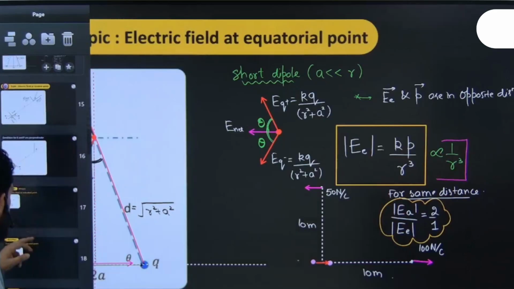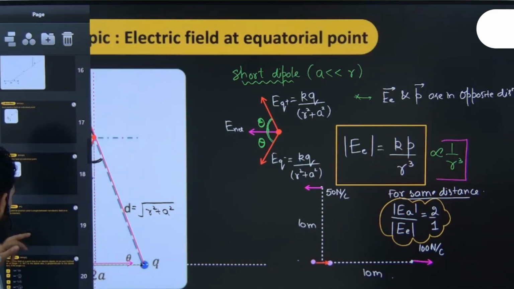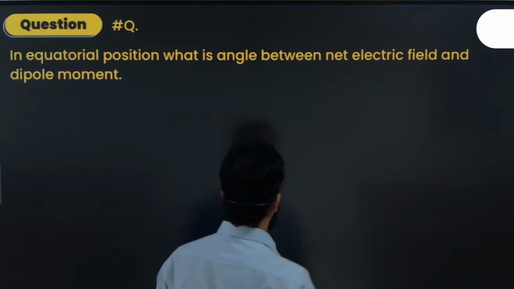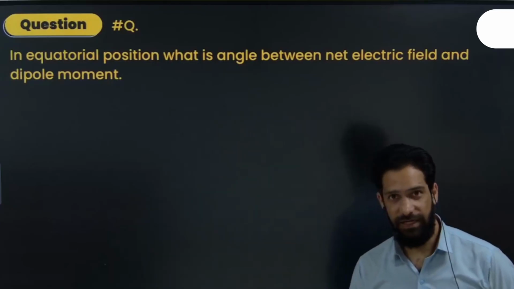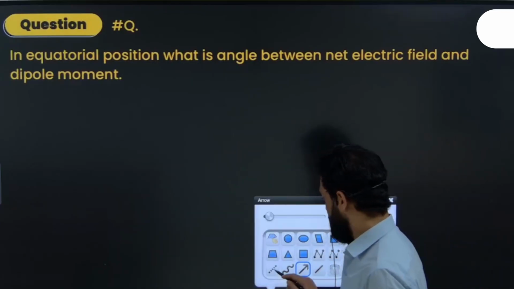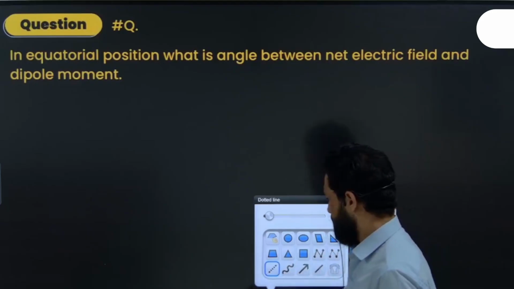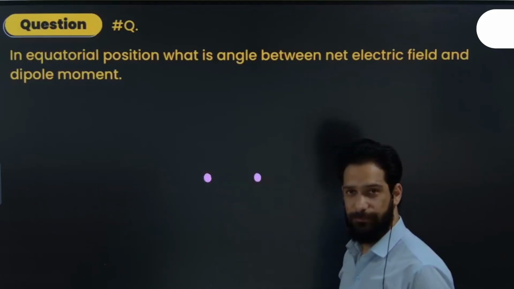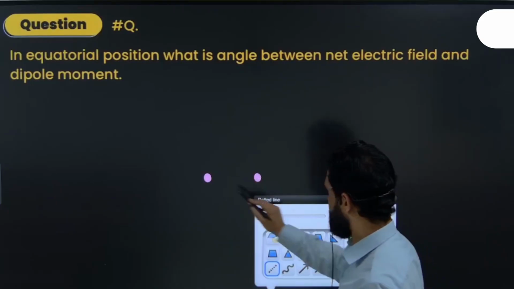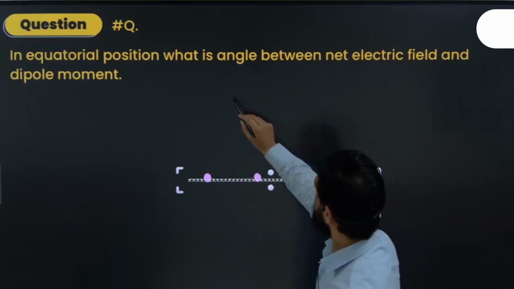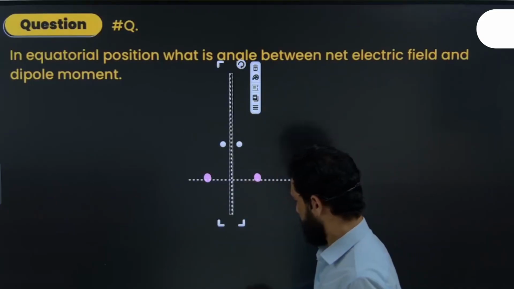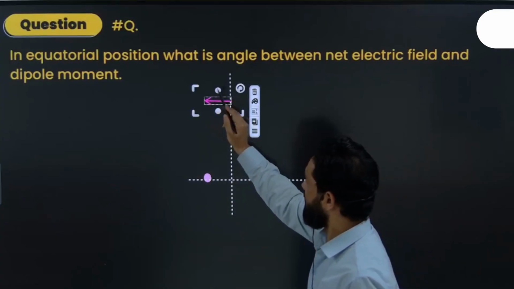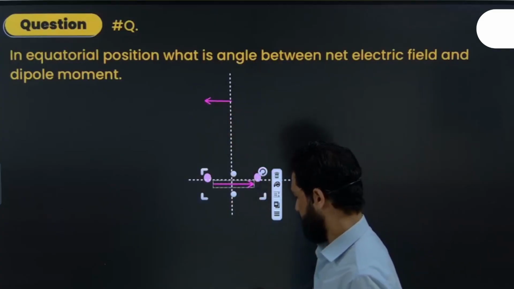Now let's see this problem. In an equatorial position, what is the angle between net electric field and dipole moment? So we are asked, if there is a dipole and on its equatorial position there exists an electric field, what is the angle between this electric field and the dipole moment?